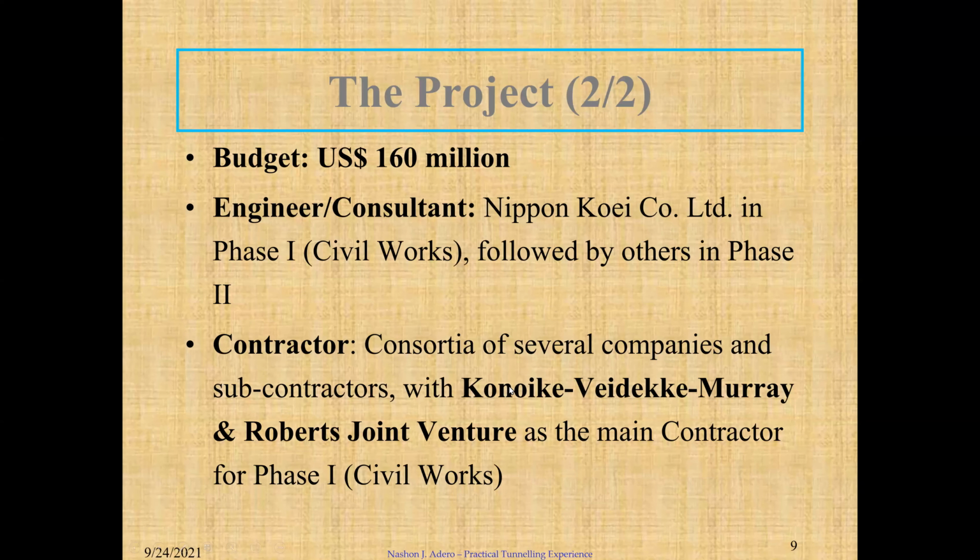So a joint venture in this case is a consortium. Plural is consortia. So we had within that consortium Konoike Construction Company and Murray and Roberts. If I can remember, this was a South African company. So I was working under this joint venture with the main contractor, phase one, civil works.